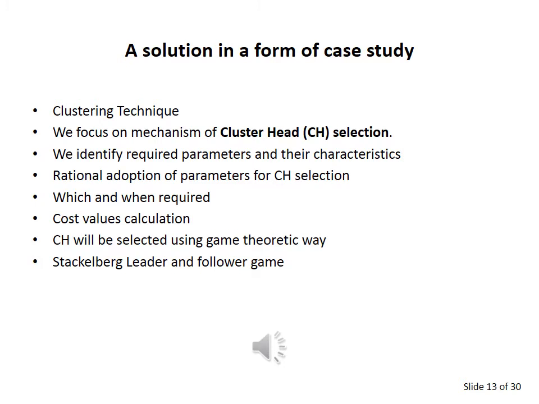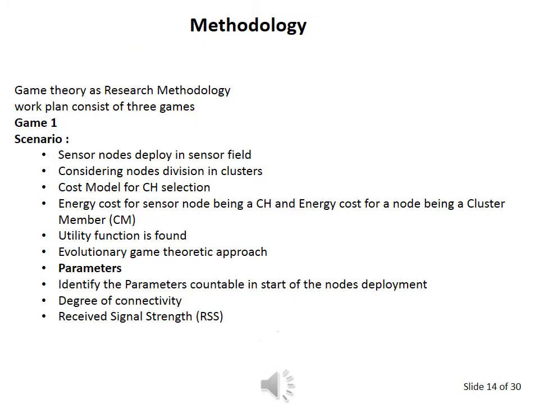Normally we are using the evolutionary game theoretic model for evaluating the cost value of the cluster head rational selection, and the Stackelberg leader and follower game we will use for routing the economical path of the cluster head towards the base station.